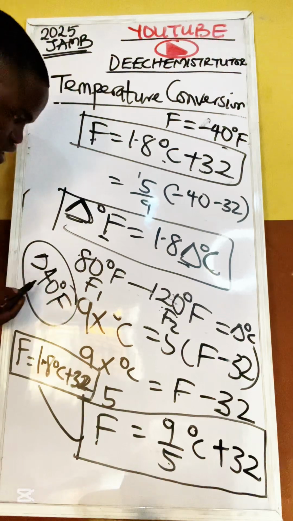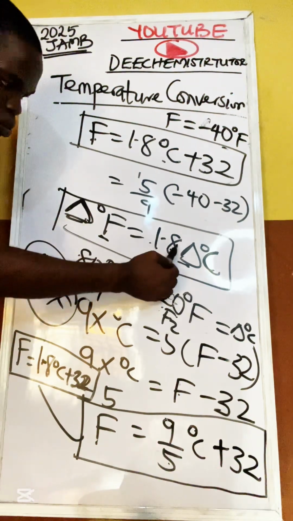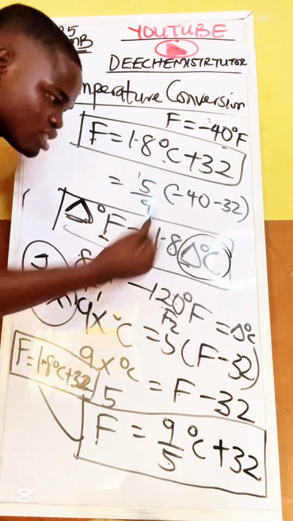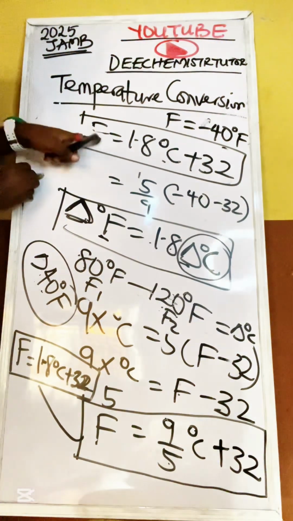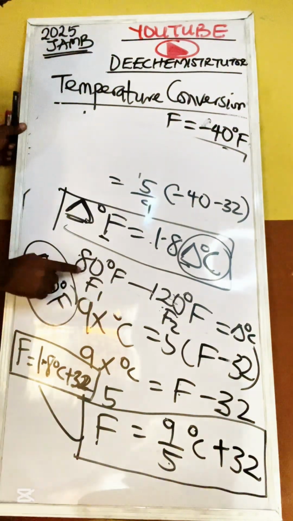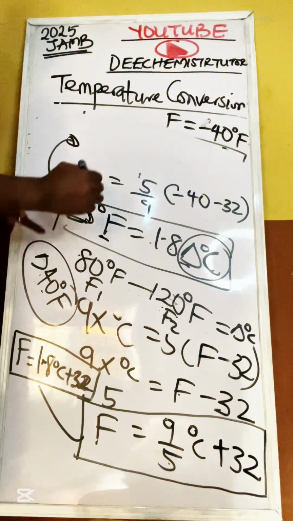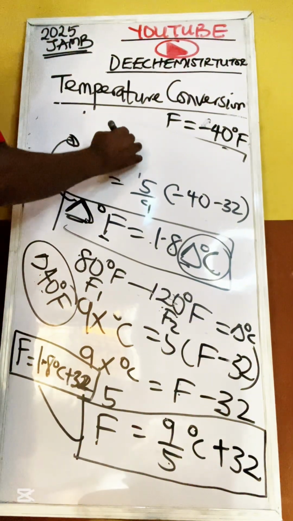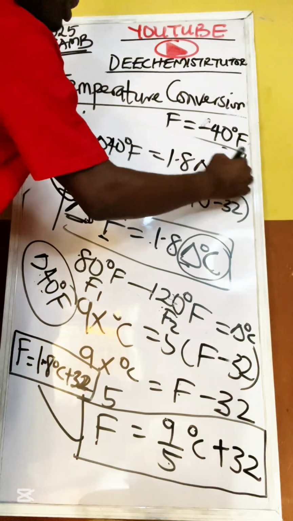So you just put it here, then divide by 1.8 will give you the equivalent. Please take note of this formula. 120 minus 80 is 40. So you just substitute it and say change in 40 degrees Fahrenheit equals 1.8 times change in degrees Celsius.